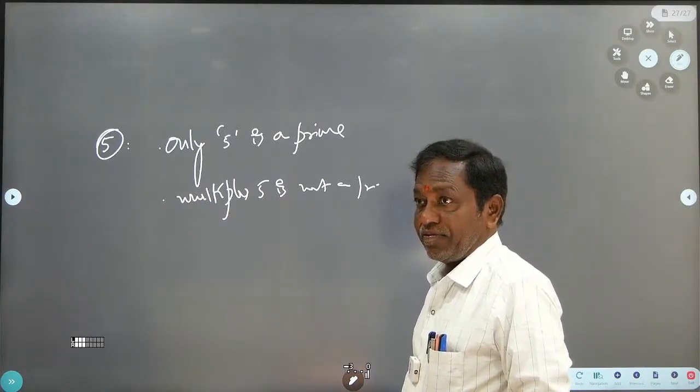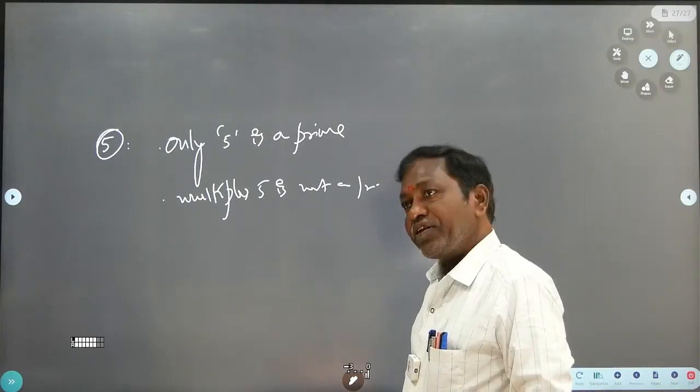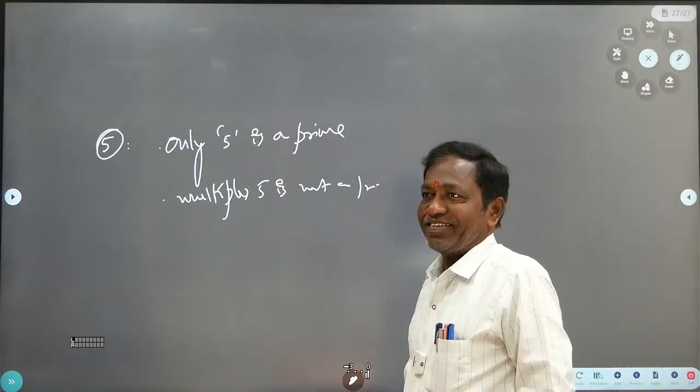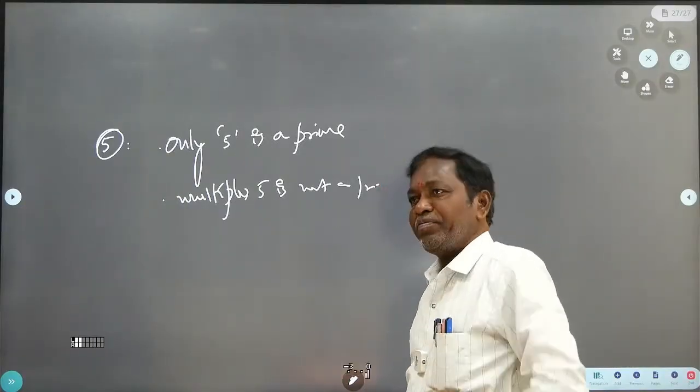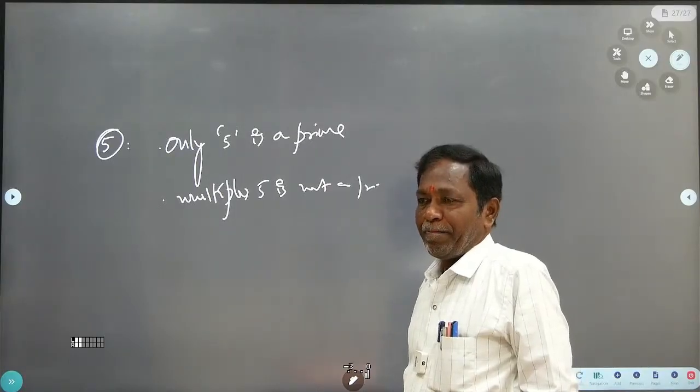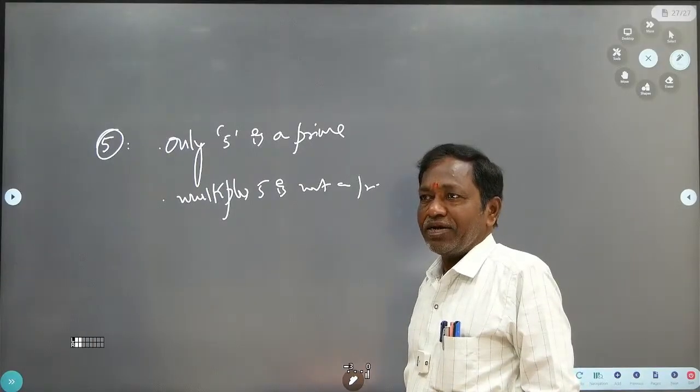Then if we go up to any time, it will not be a prime number. Yeah, for any such prime numbers, the same rule is applicable for any prime numbers. 49 is not a prime number, it's a square number. 49 is not a prime number.